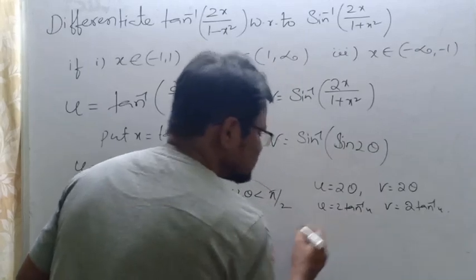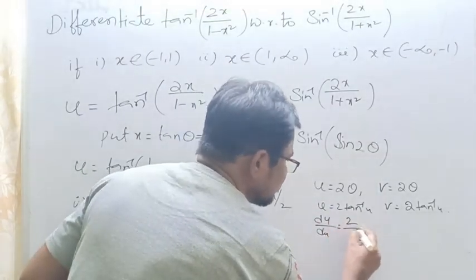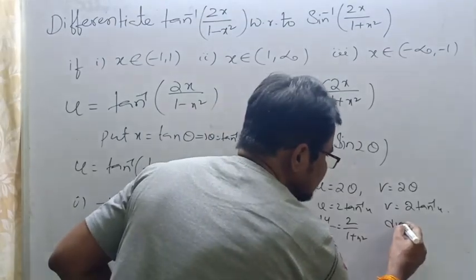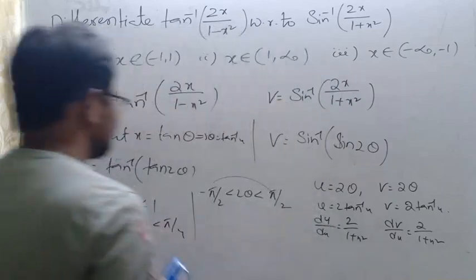Now do the differentiation. du by dx equal to 2 by 1 plus x square and dv by dx equal to 2 by 1 plus x square.